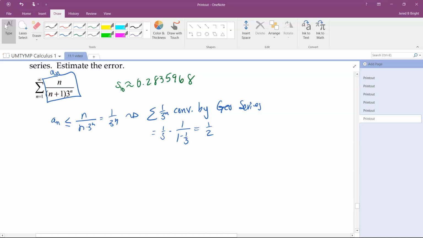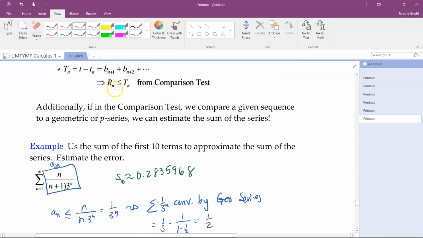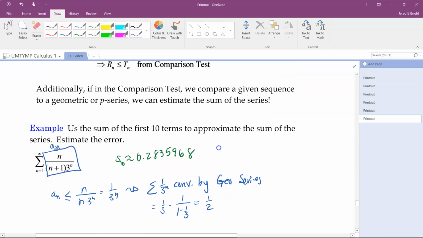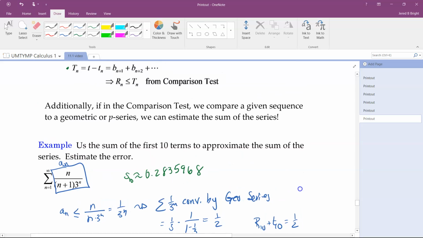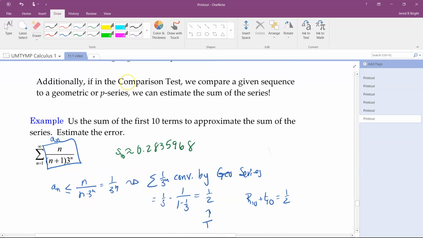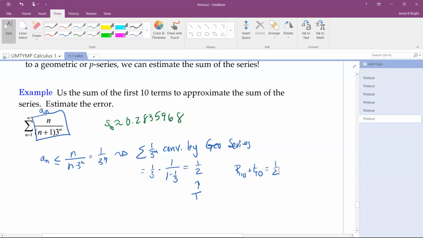From above, we have Rn is less than or equal to Tn, where T corresponds to the B series. I know that S10 plus the remainder equals 1/2, and let's use T10 just so we're consistent with notation here.